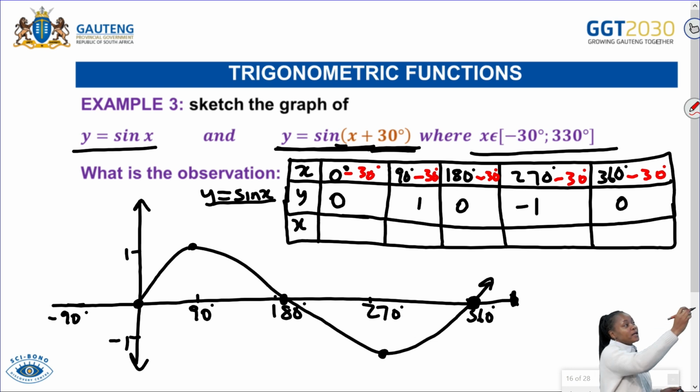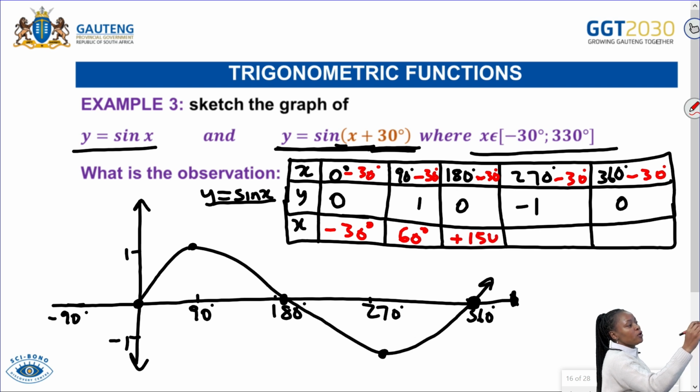So if I subtract 30 from each value, what are going to be my new values of x? It's no longer going to be 0 here, but now it's going to be -30 degrees. Here it's no longer going to be 90 degrees, but now it's going to be 60 degrees. At 180 degrees, it's going to be 150.